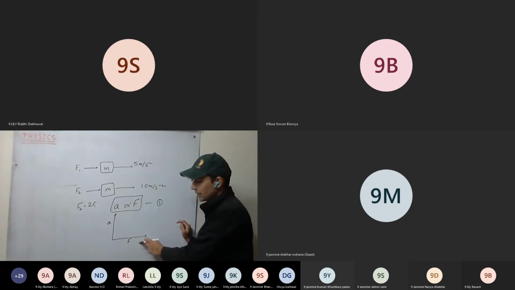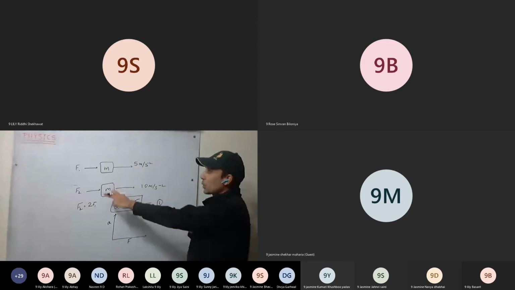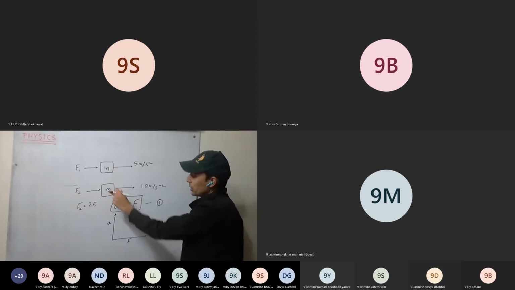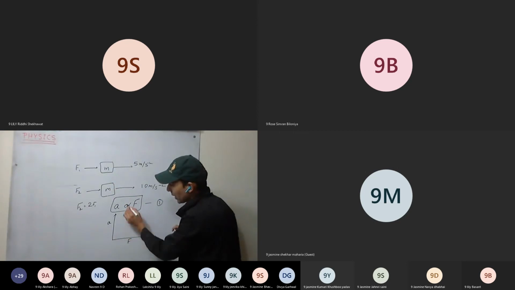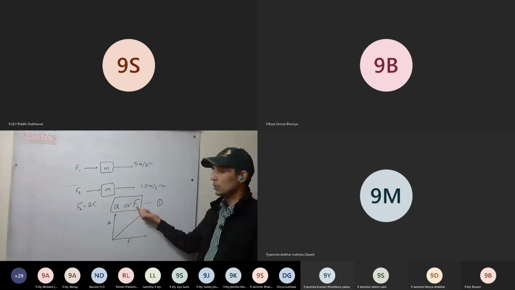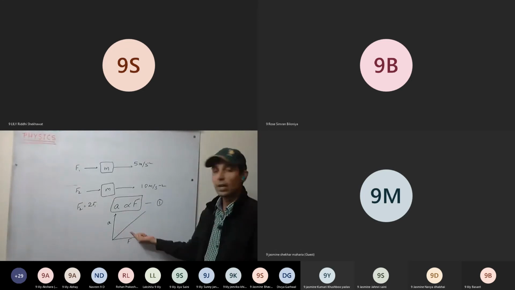Mass remains constant for the same body, so they are linearly, directly proportional. This is the graph we'll be getting.